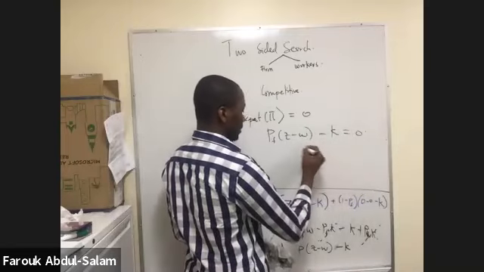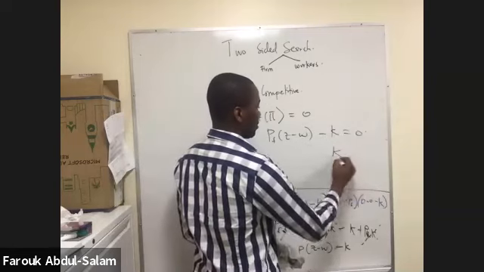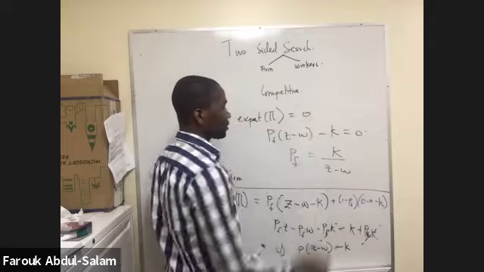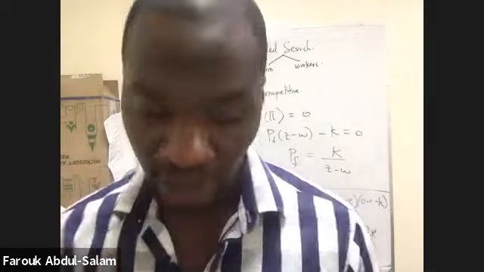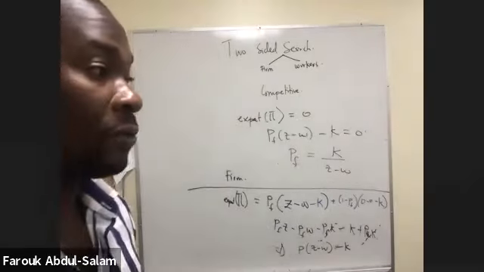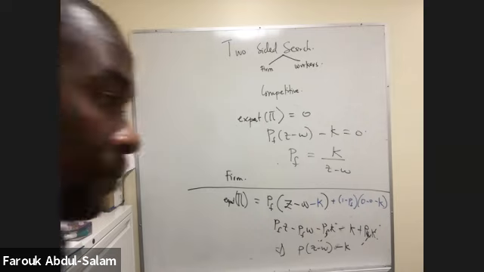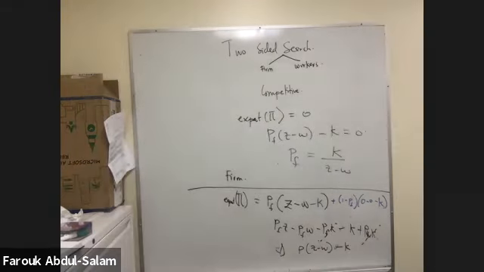So we end up with K over Z minus W equals P of F. That's how to get the equation for the firm. If you have questions, please let me know. Tanya? No questions. Good.